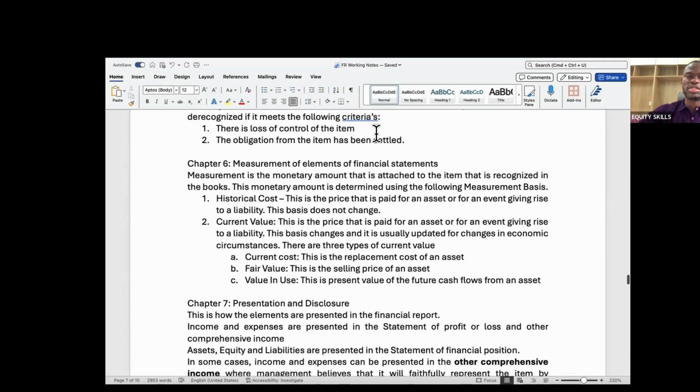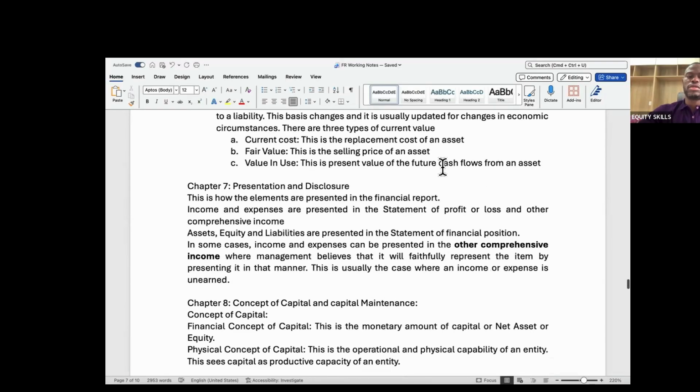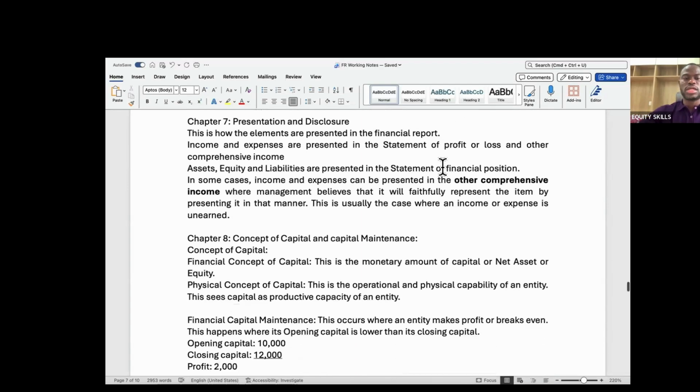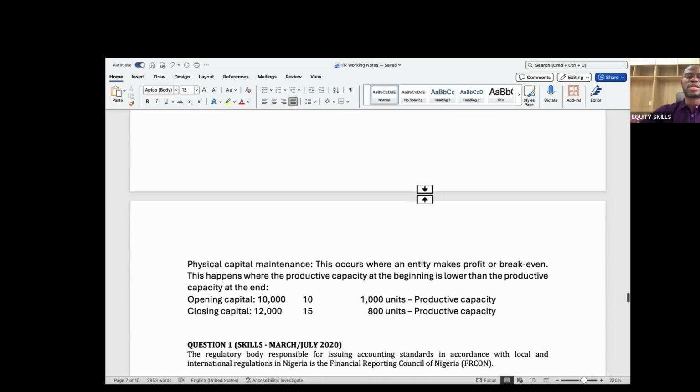Then chapter 6, where we talked about measurement of elements of financial statements. We explained all the measurement bases that we have. Then we moved on to chapter 7 on presentation and disclosure. And we ended with chapter 8 that talks about the concept of capital and capital maintenance, which we'll explain.